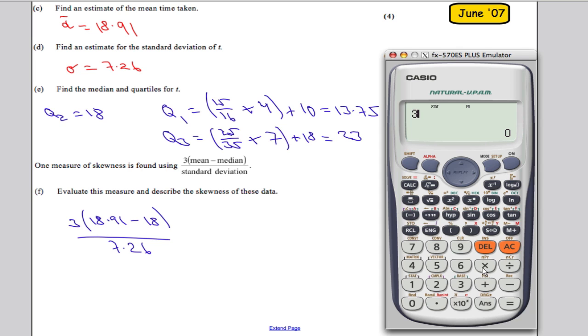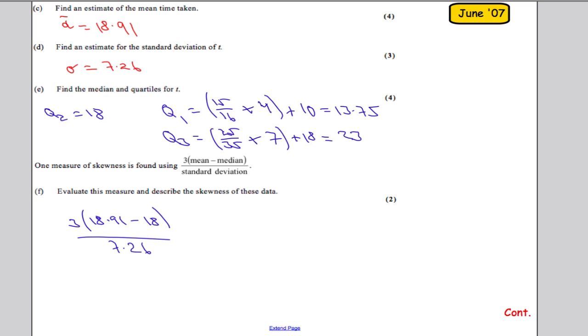So that will be 3 multiplied by 0.91, and then divide that by 7.26. That gives 0.376. Describe the skewness. That implies a positive skew.